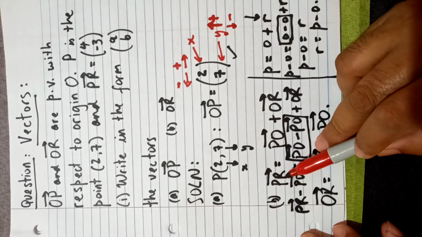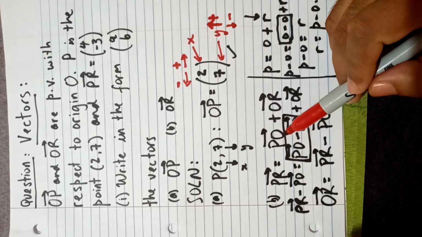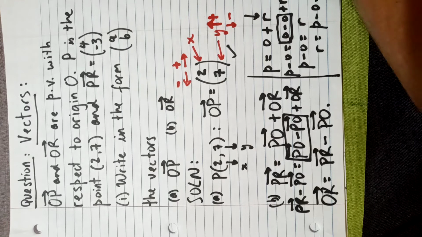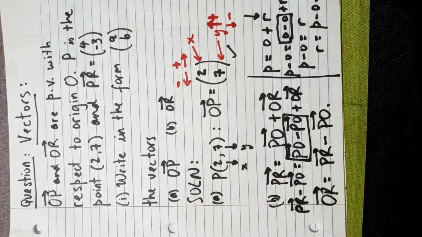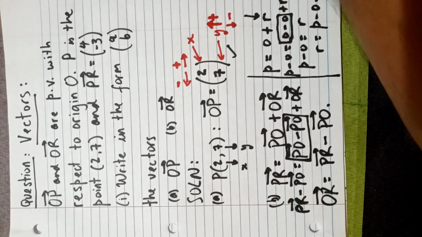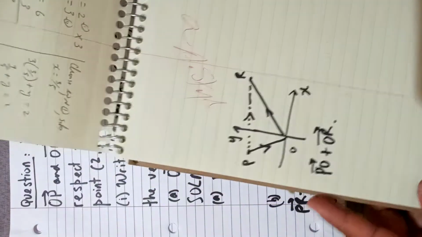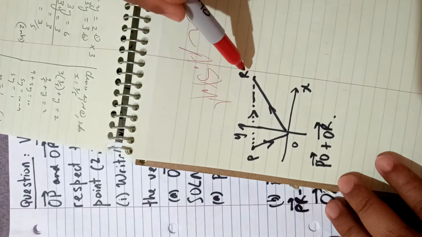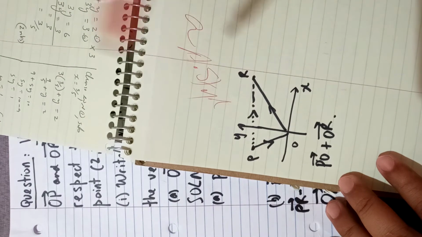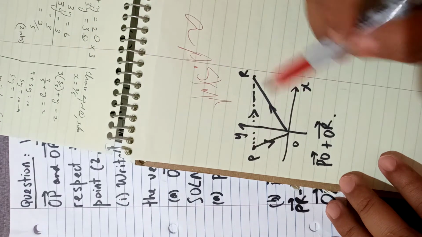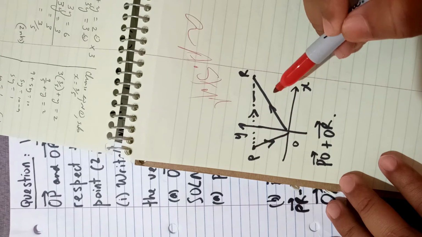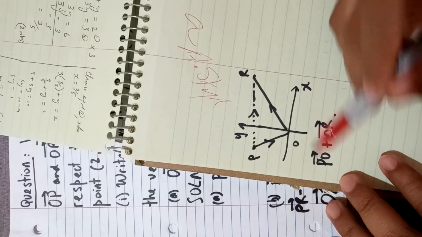Now PR is P to O and O to R. I can give you a little illustration here. Let's say this is the point P, this is the point R. If I want to go from P to R, I would have to go from P to O and O to R. So this is our vector equation.